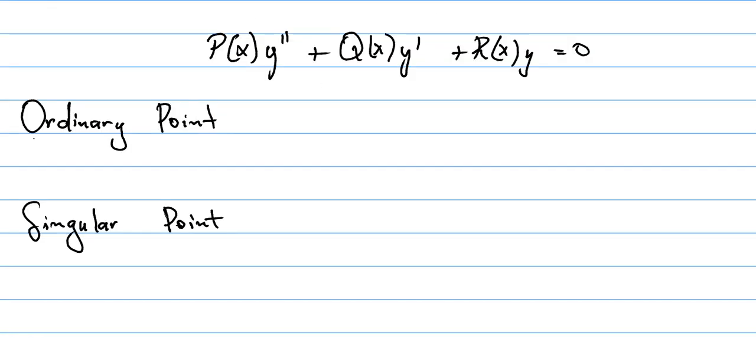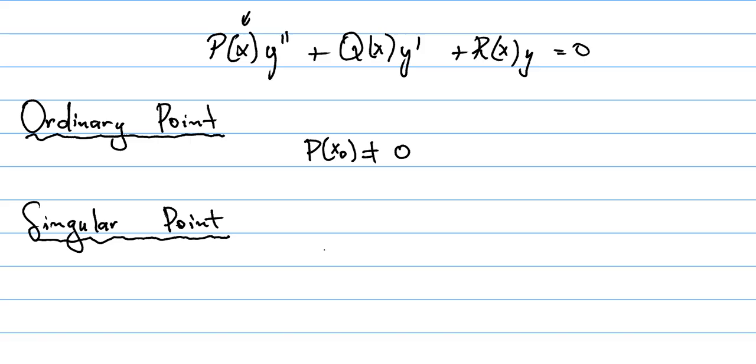So for the ordinary point, p of x naught must not be equal to 0. If you plug in your x naught here, you shouldn't get 0 for the ordinary point. For the singular point, p of x naught must be equal to 0.